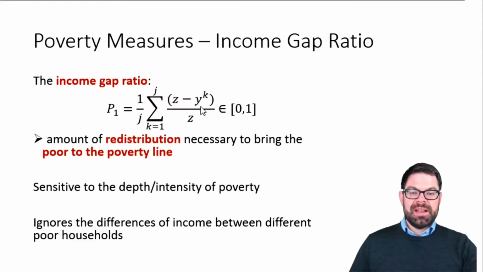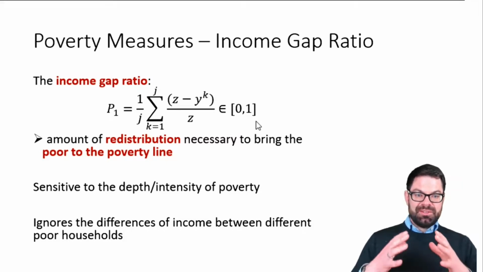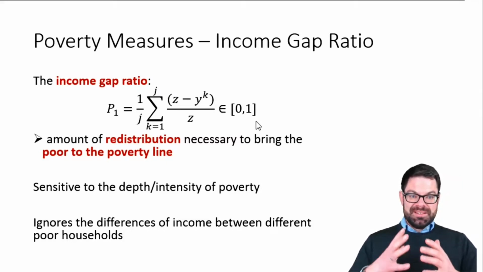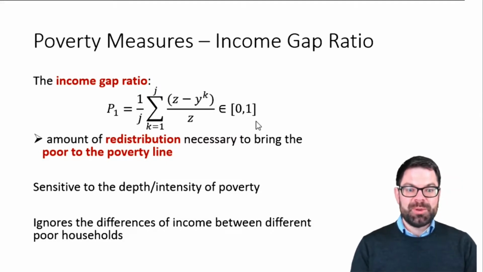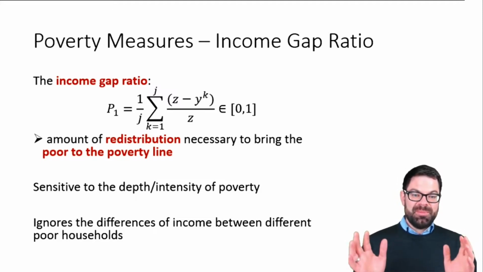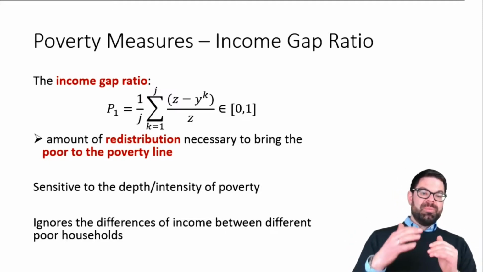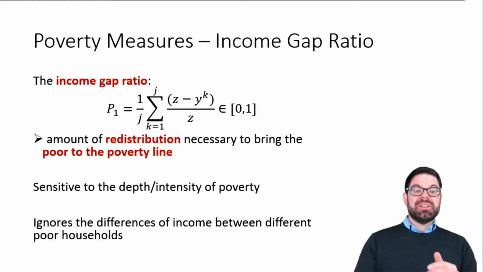If everyone is far away from the poverty line, so at an income of 0, we would end up with an index of 1. Right? So the higher the index, the greater is the level of poverty, and the greater is the depth of poverty, not how many people. This is an index that operates on the intensive margin, how poor.